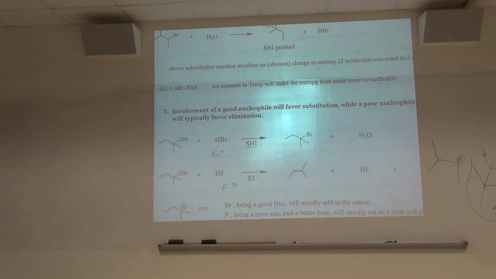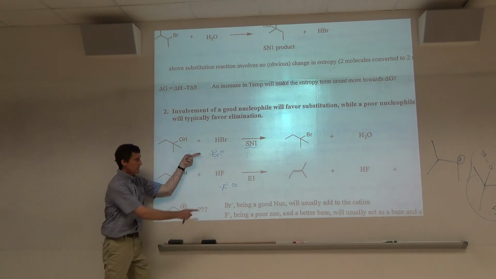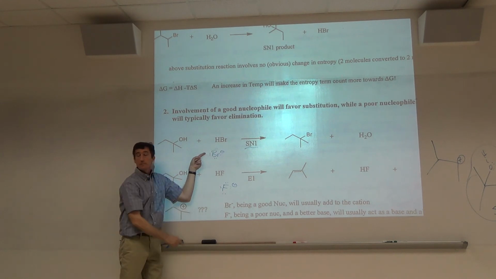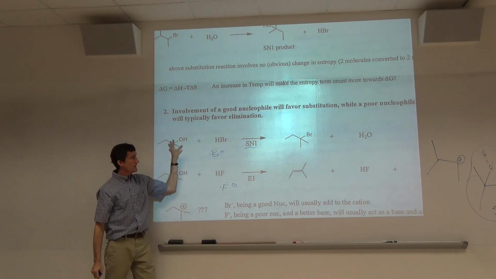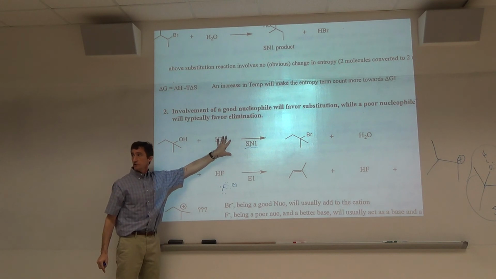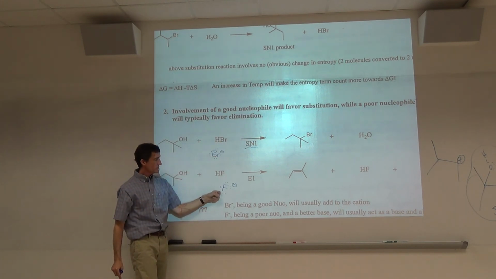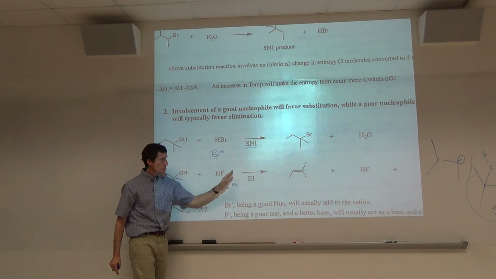So it is an anion, but it's not. It's better to compare which is stronger, Br or F? Which is stronger? Nucleophile, not base. Yeah, and because of that, it typically prefers substitution. Okay? The worse your nucleophile gets, the more prone you get to elimination.